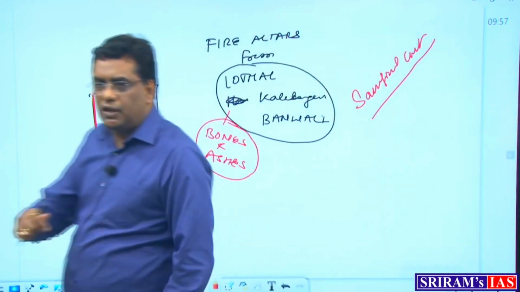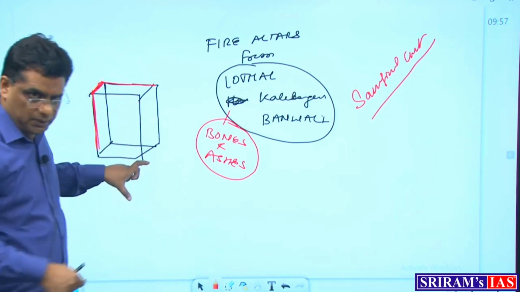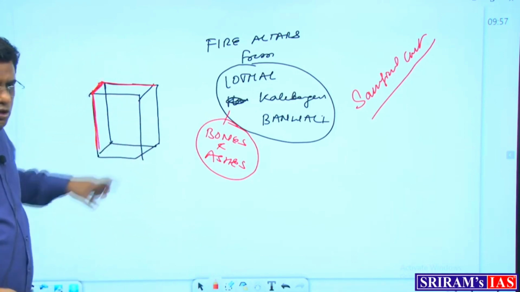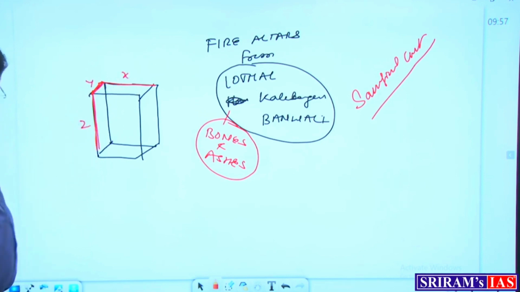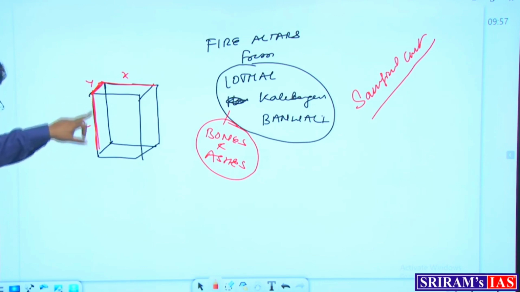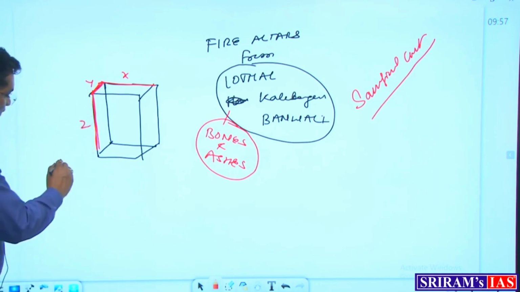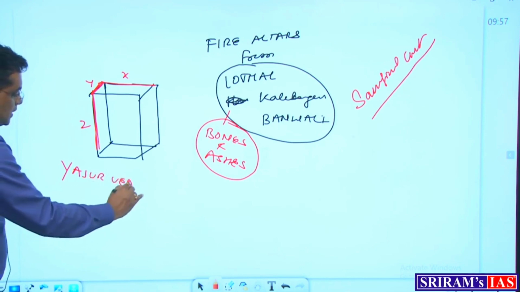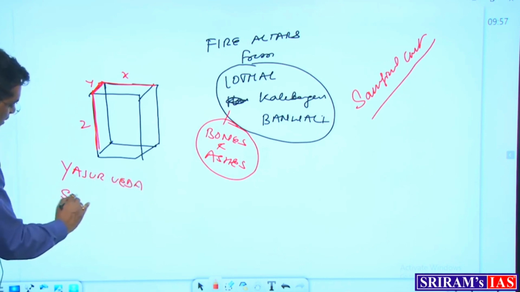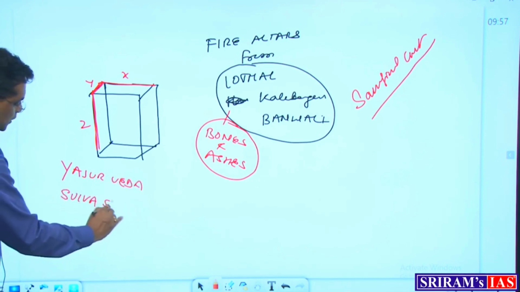So we measured the length, breadth and depth. Suppose X, Y, Z. The same ratio of length, breadth and depth we found in the Vedic period, Yajur Veda, and in the Sulba Sutra.